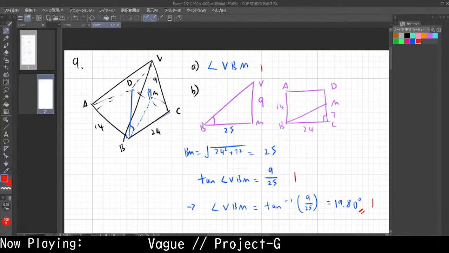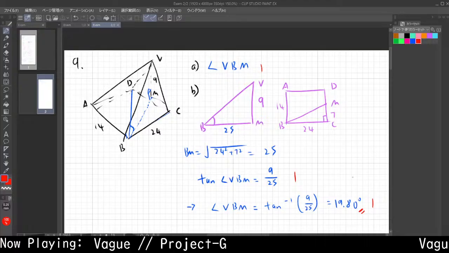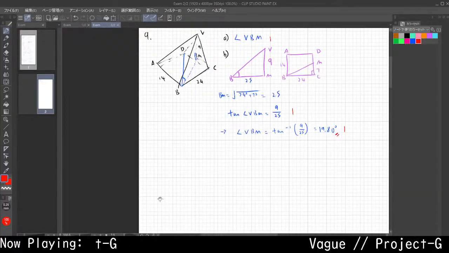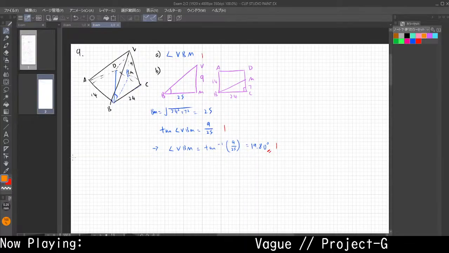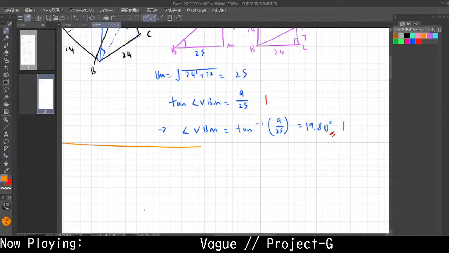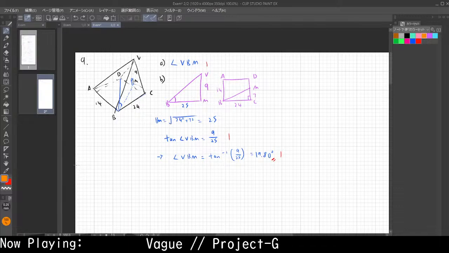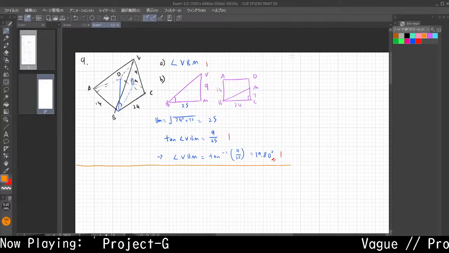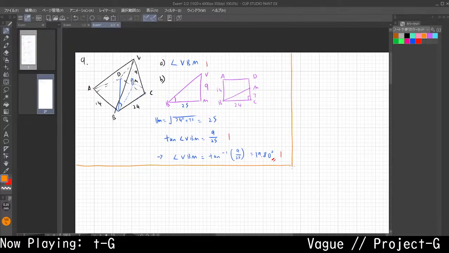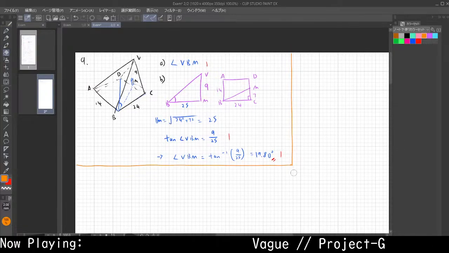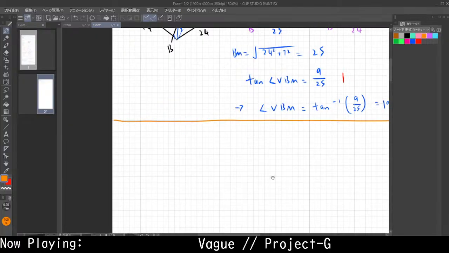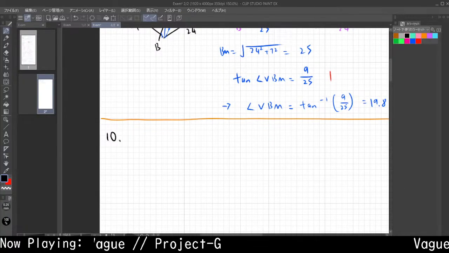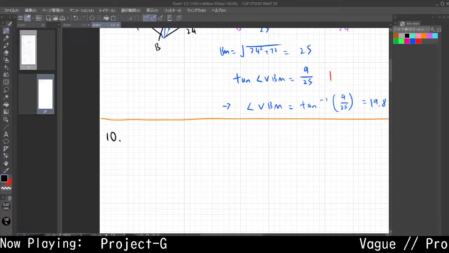Okay, so this is Q9. I'm actually not sure if I can finish it today. Let's just see how things go. Okay, so Q10, we have this thing.